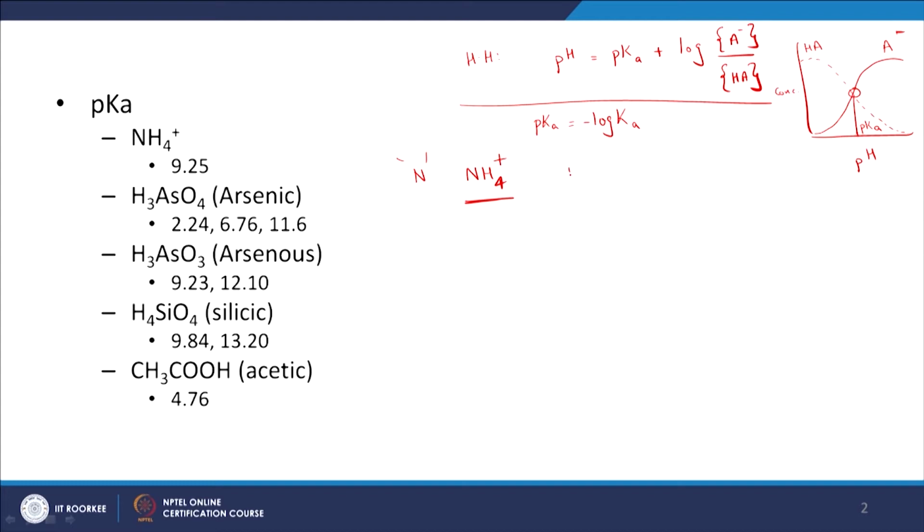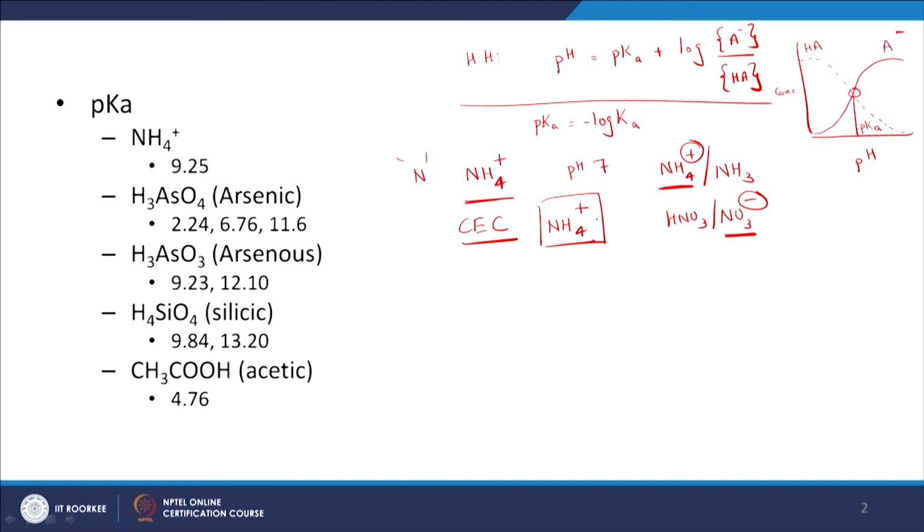Because at neutral pH, NH4+ will stay as NH4+ and not as NH3, while HNO3 would stay as NO3- at pH 7. So this is a cation, this is an anion, and because the soil has a cation exchange capacity, or it can absorb cations, the farmer is better off applying nitrogen in the form of ammonia, or ammonium.